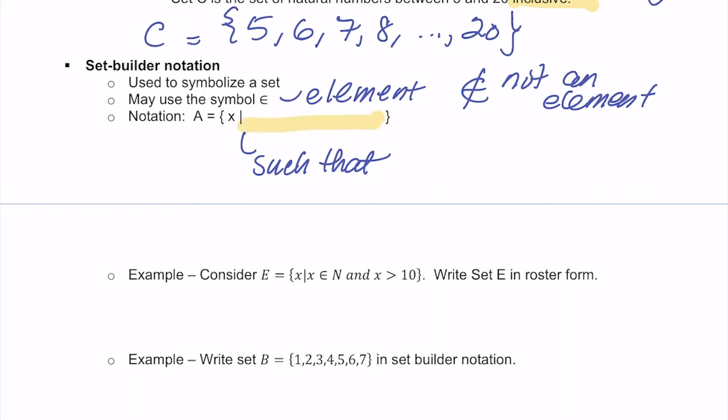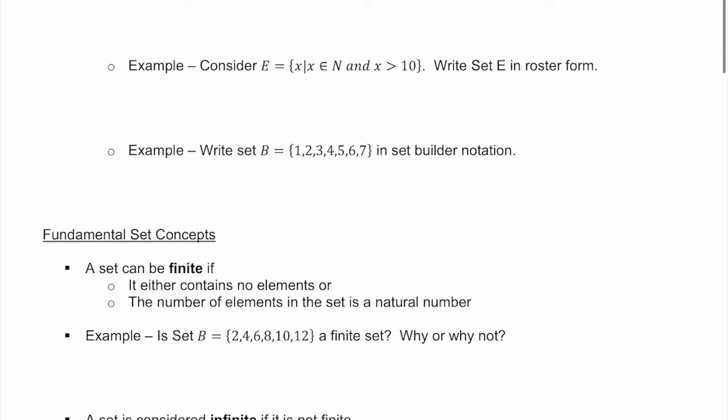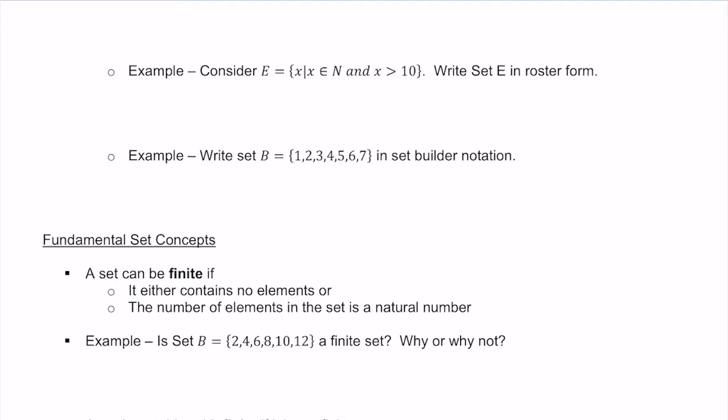So it might say that X has to be a natural number or a real number, and must be greater than a certain number. So for example, if we look at set E, this would be read as set E is the set of all X such that X is an element of the natural numbers and X is greater than 10.